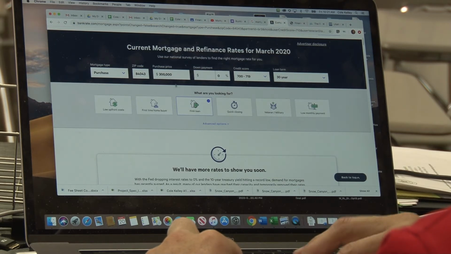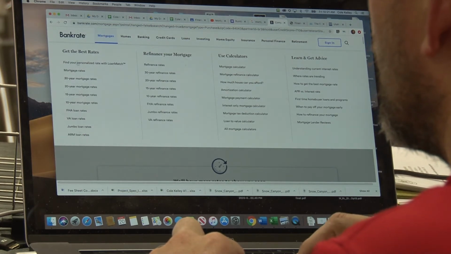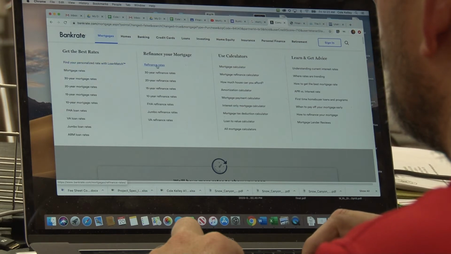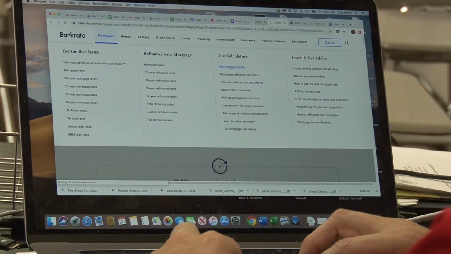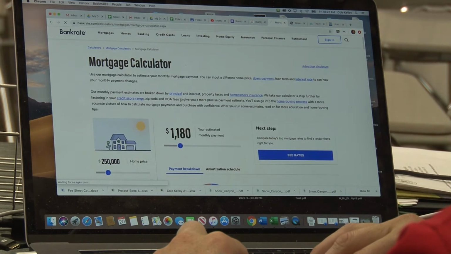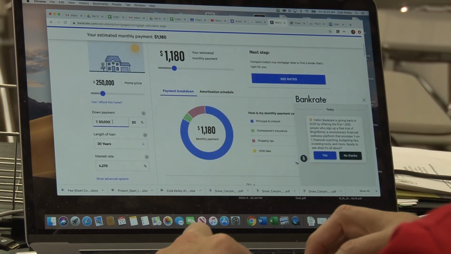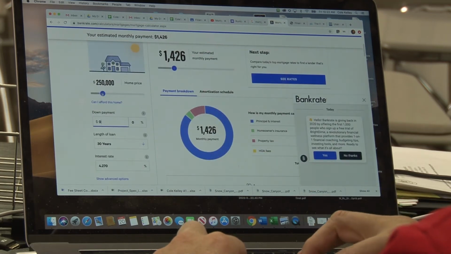We want to go to the mortgage calculator. There it is. All right, here you go.